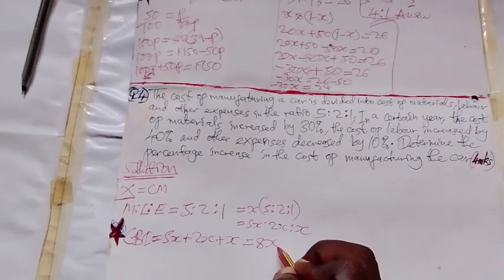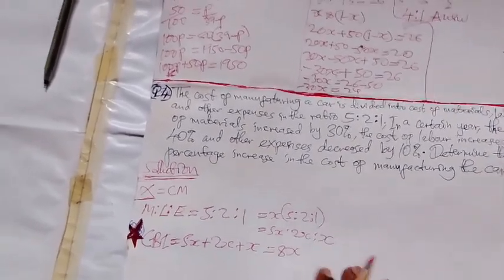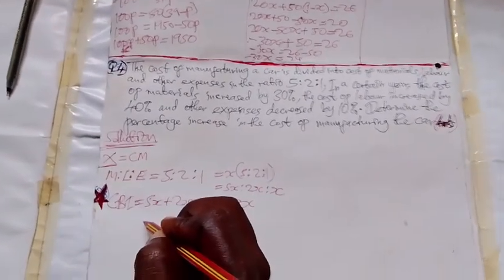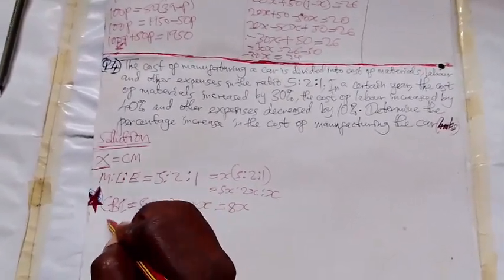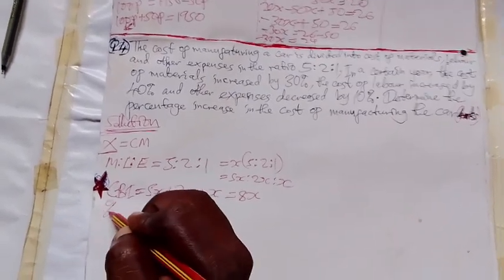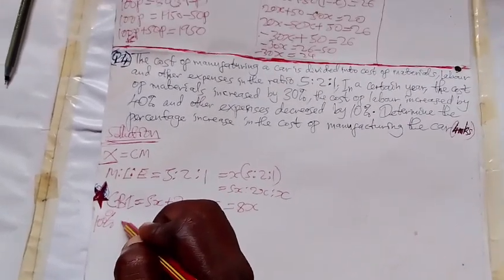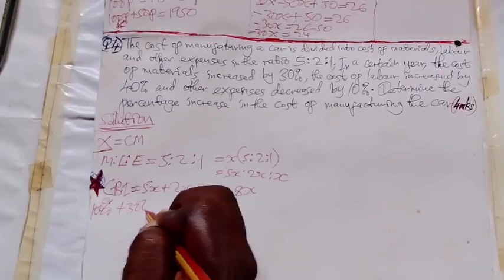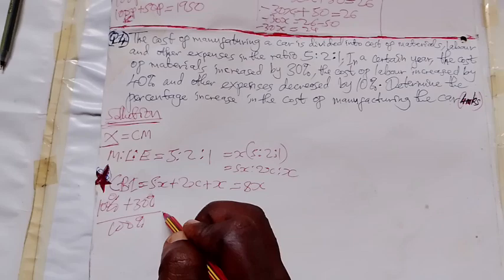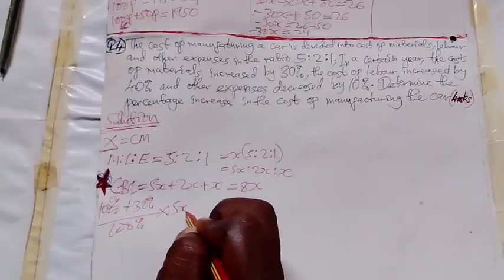Step 4, material increased by 30%. Therefore we say 100% plus 30%, all over 100% times 5x.